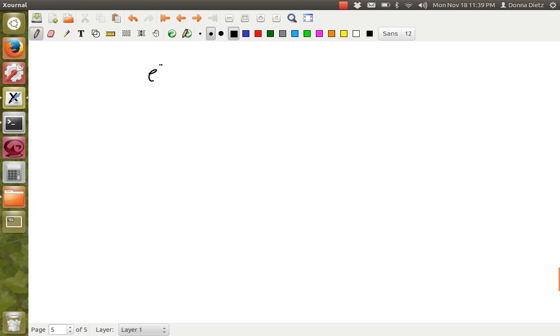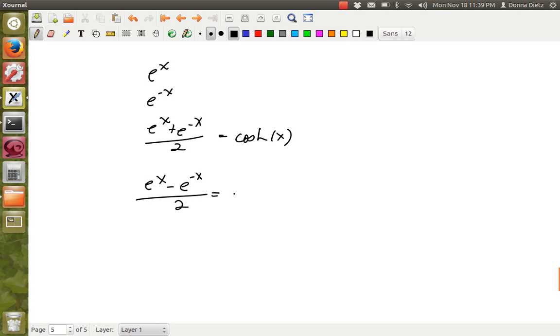You should know e to the x, e to the minus x. You should be able to go e to the x plus e to the minus x over 2. This is actually cosh, or hyperbolic cosine. e to the x minus e to the minus x over 2 is sinh, or hyperbolic sine.